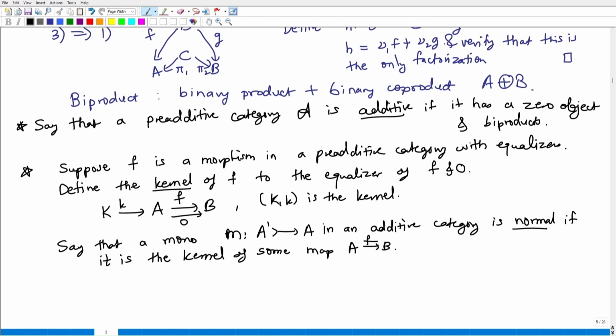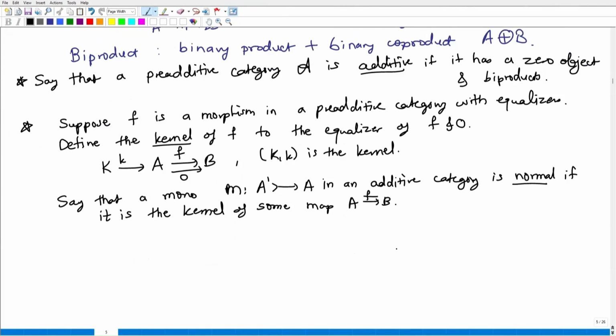Now, how to test whether it is the kernel of something? That something is a variable ranging over all morphisms in the category. But we don't really have to go that far. In algebra, when you study kernels, you simultaneously also study the dual notion of cokernels. So the test is whether it is the kernel of its own cokernel. That is the idea. So kernel, and similarly you can define cokernels.